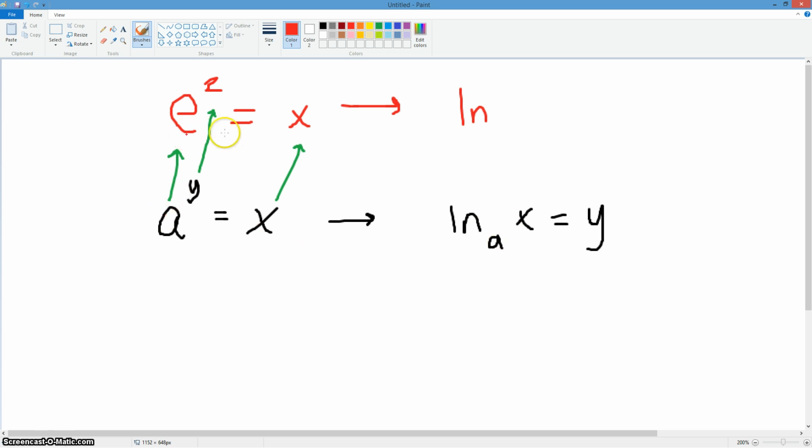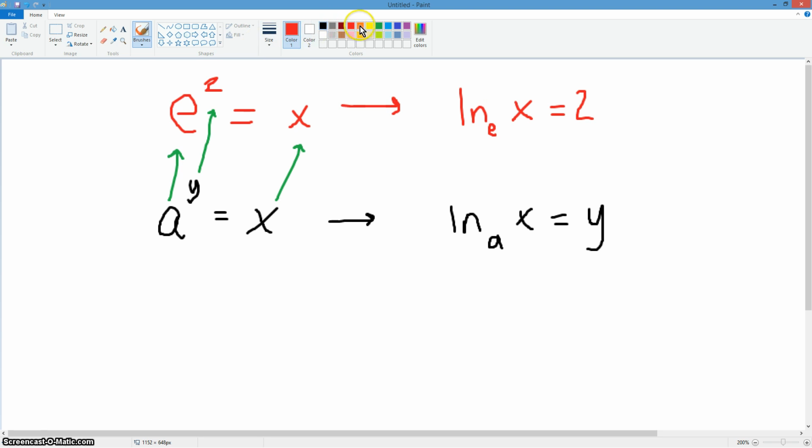Well, here our a is e. Now that makes perfect sense because when we're discussing natural logs, they are always in the base of e. And then we have x, well, x is still x, equals, and then we have y. And in this case, y equals 2.